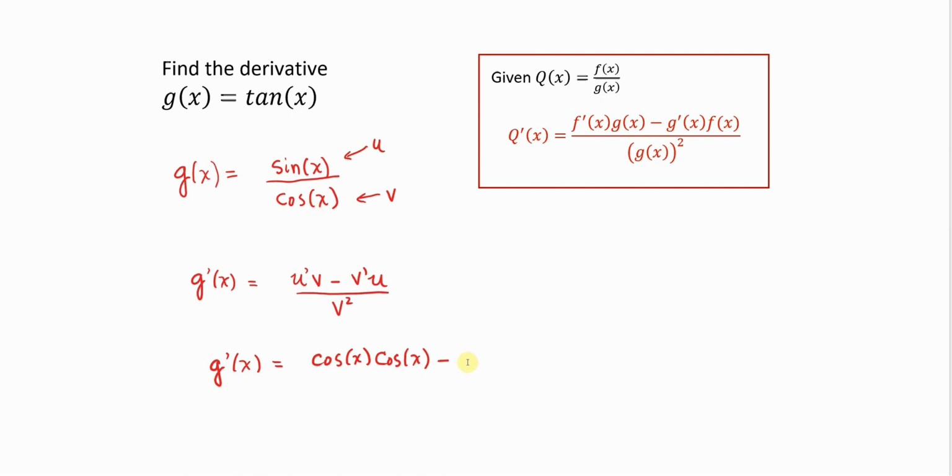So the derivative of cosine is negative sine, so I'm just going to put all of this in brackets here, times the numerator, which is just sine. All of this divided by the denominator squared.